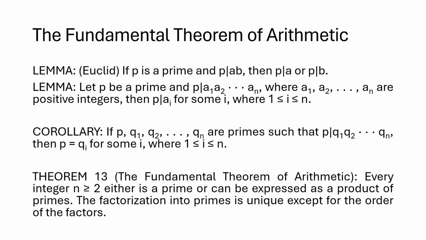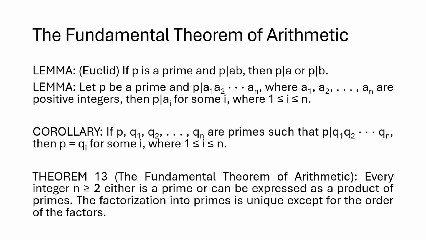So this results in the fundamental theorem of arithmetic, which is the cornerstone of number theory and one of its cardinal results. This concept actually appears in Euclid's book, the Elements.